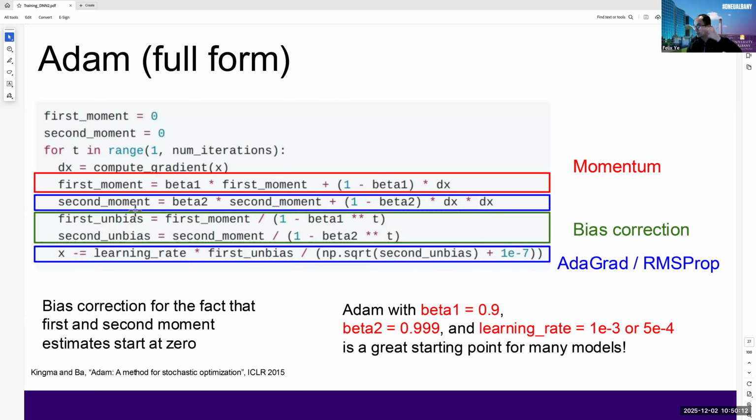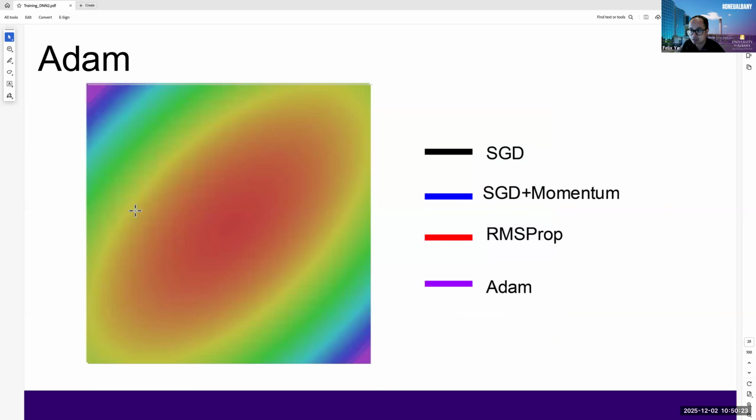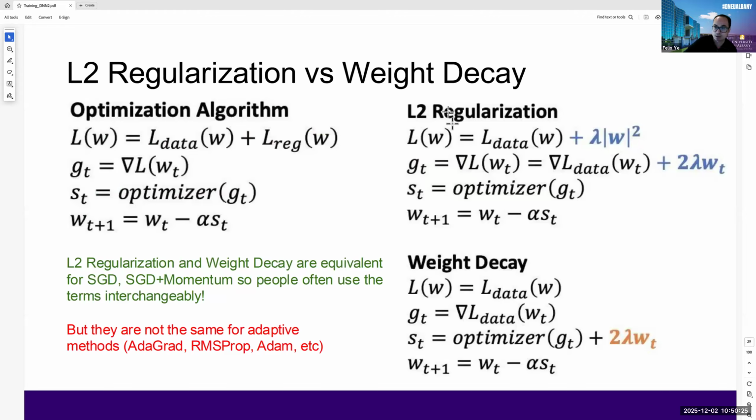We amplify certain components and suppress certain components. That's why weight decay is not exactly the same thing as L2 regularization, because we already changed the weight while doing gradient descent.